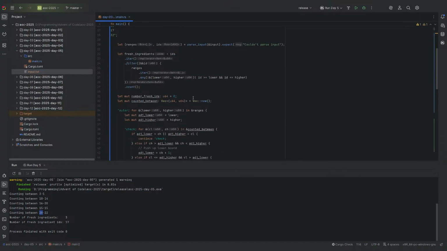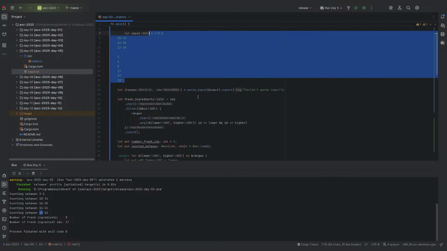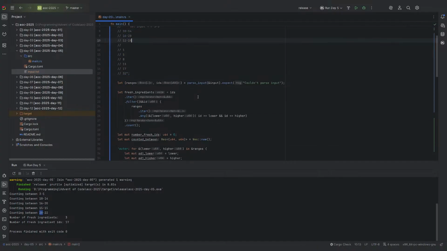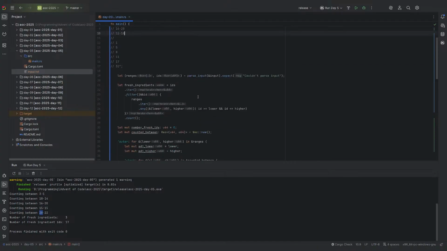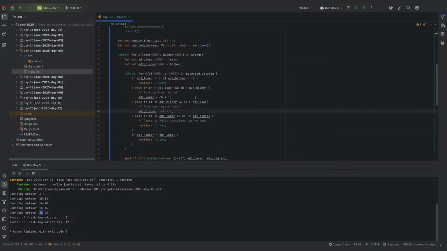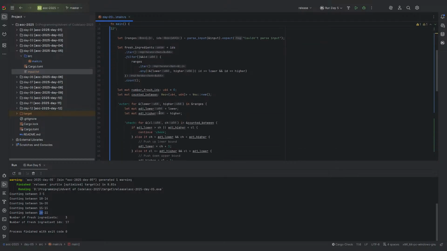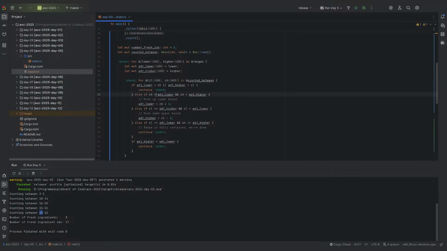Did I just simply forget to make this less than or equal? No way, right?